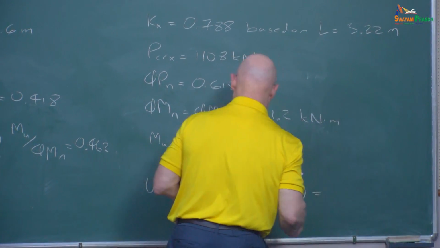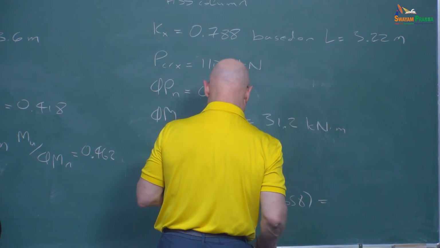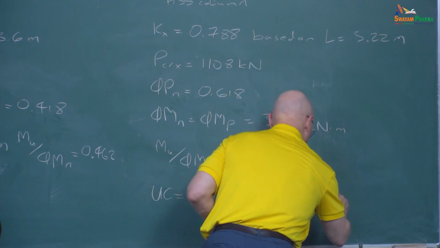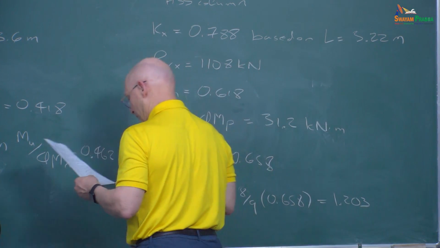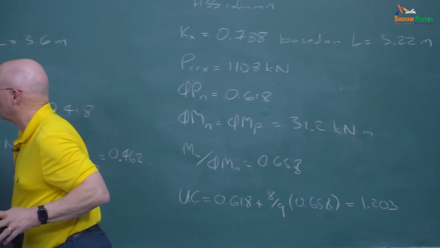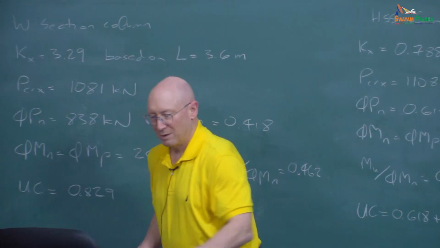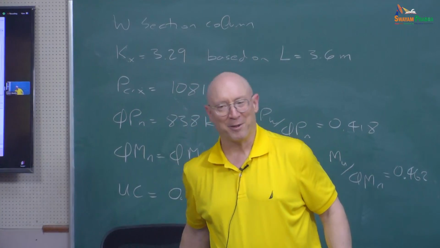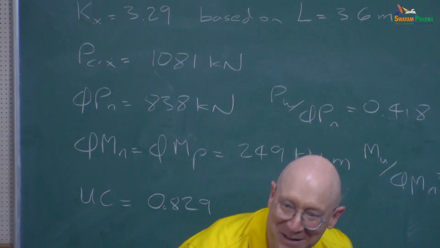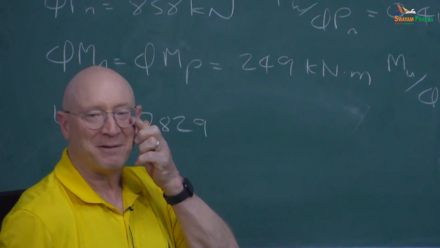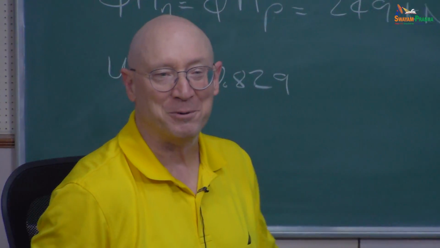So we get 1.203. All right. So we had a column that was perfectly good with the other idealization, and now it's failing by 1.2.